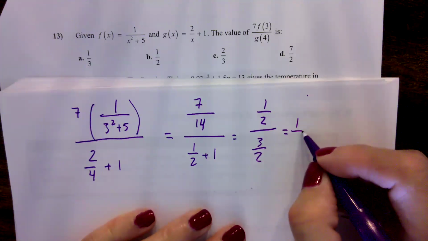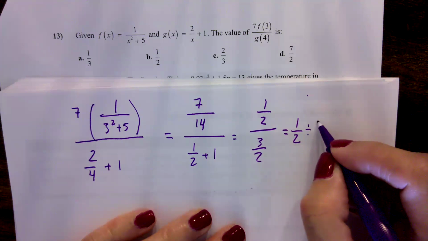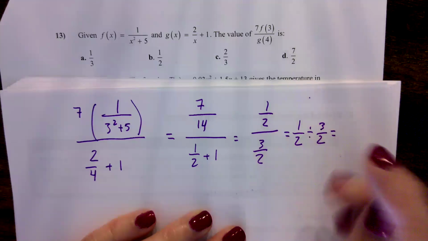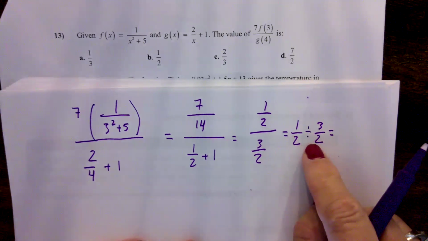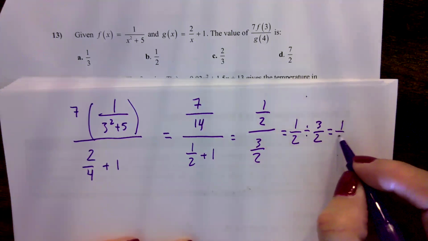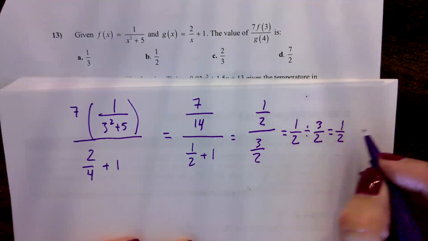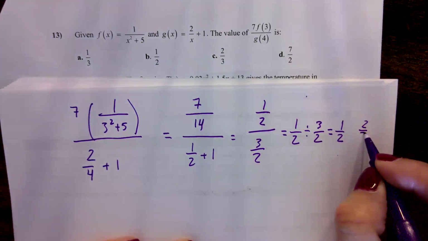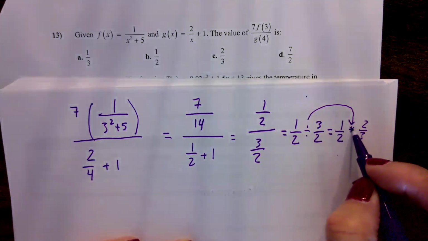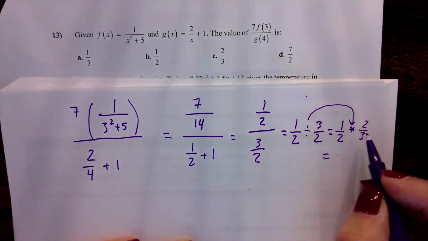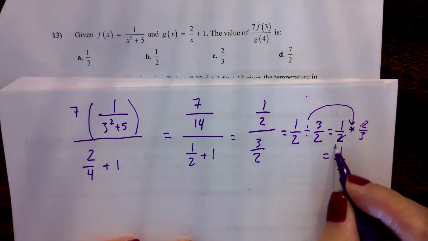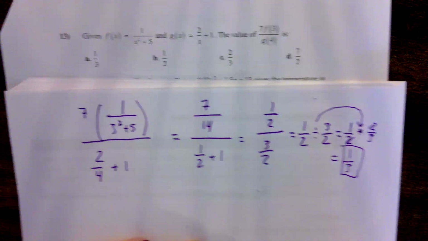So that's really 1/2 divided by 3/2. I like to rewrite it as a division because it's easier for me to see here. So keep it, flip it, change it means we're keeping the first fraction, we're flipping the second fraction, and we're changing the division to a multiplication. So the 2's cancel and we end up with 1/3. So letter A.